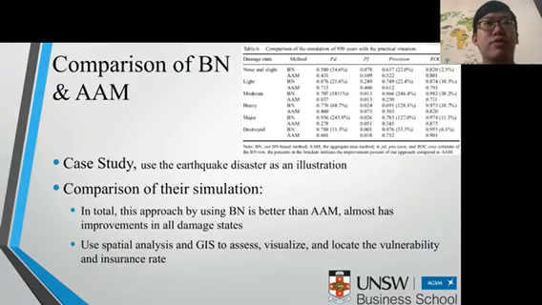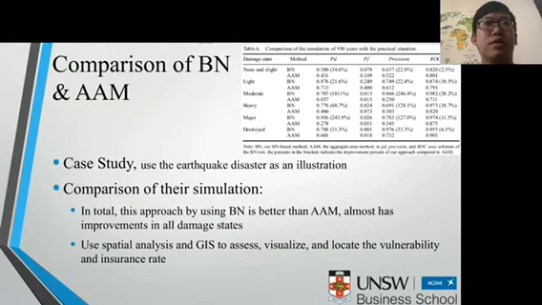functions. In this article, they use earthquake disaster as an illustration to present the model, and the result is impressive. Compared to the traditional method of AAM, this approach almost has improvements in all damage states, providing more precise prediction.